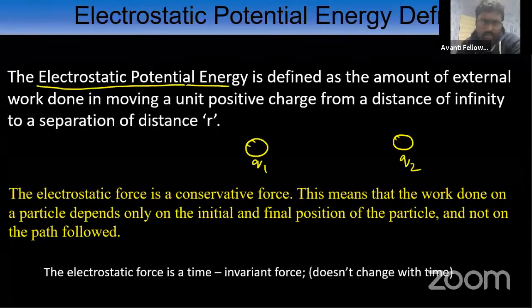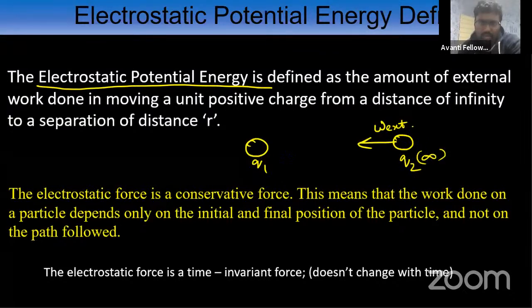Electrostatic potential energy means the amount of external work done in moving a unit positive charge from a distance of infinity to a separation of r. It's the amount of external energy, or external work done, in moving a unit positive charge from infinity to a separation of distance r.